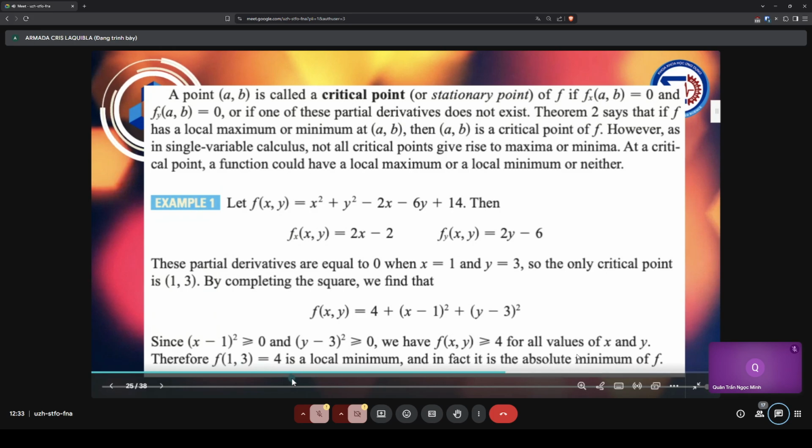And you will say, why is this the absolute minimum? Your f of (x, y) is greater than or equal to 4 for any values of x and y. So therefore this is the minimum number, it should be 4. And that is the absolute minimum, since f of (x, y) is greater than or equal to 4 for this reason.